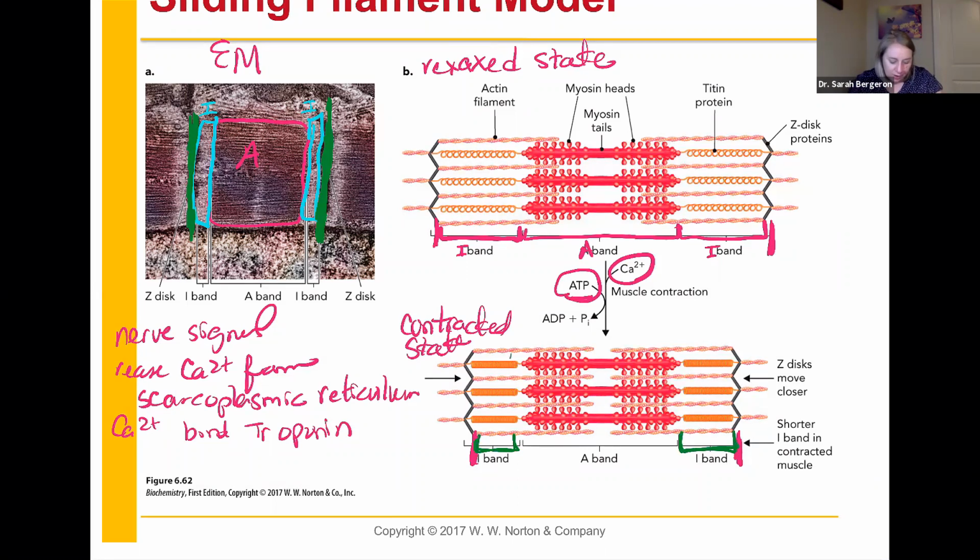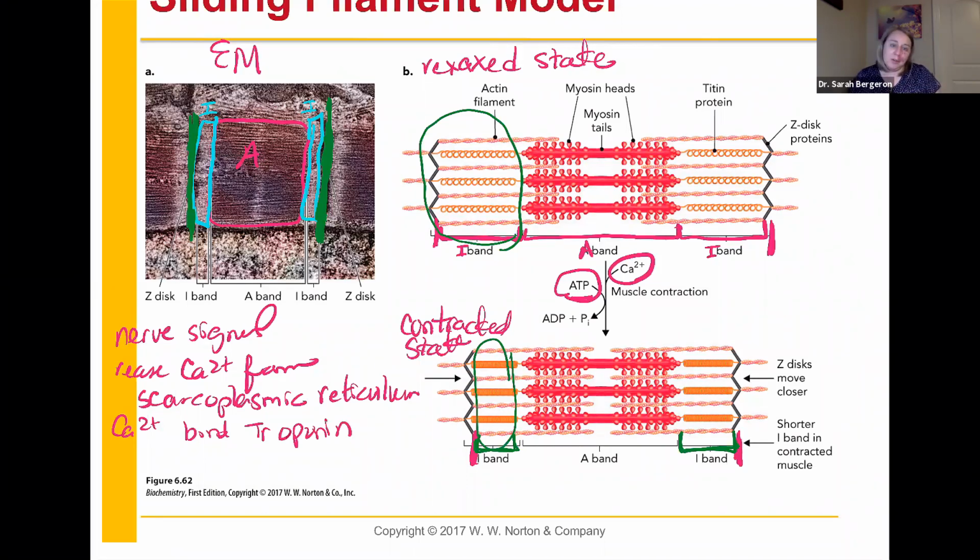So you have less actin all by itself here. Look how much actin you had all by itself here, a much bigger space. And so this is how muscle contraction works. You're shortening just the I band on either side, and all of these sarcomeres contract at the exact same time to result in your full muscle contraction.